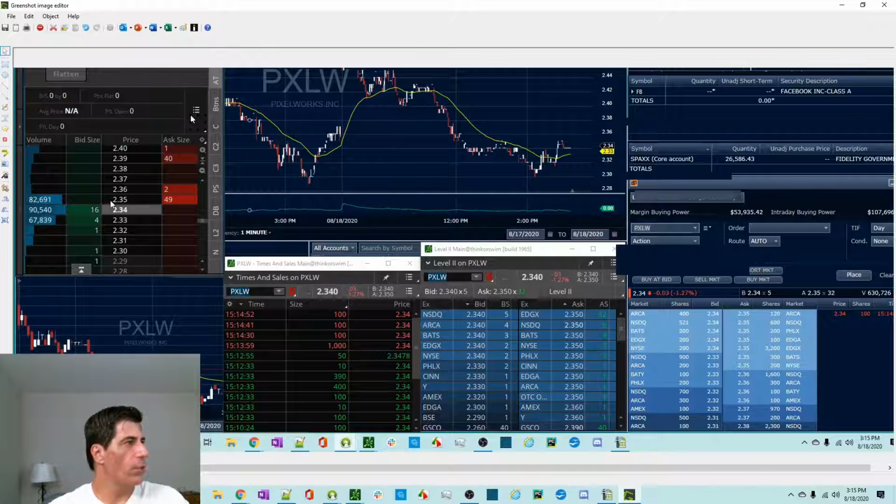At $2.35, I think this should be 4,900 shares. So maybe that's what that is. That looks okay. NASDAQ's there. Here's NASDAQ on the bid, NASDAQ, ARCA. Okay. All right, I don't see too much wrong with this.